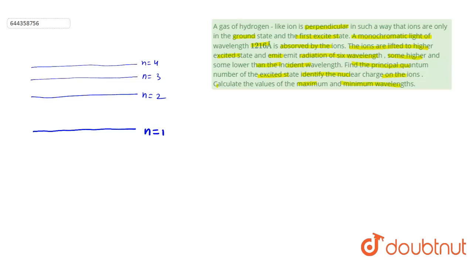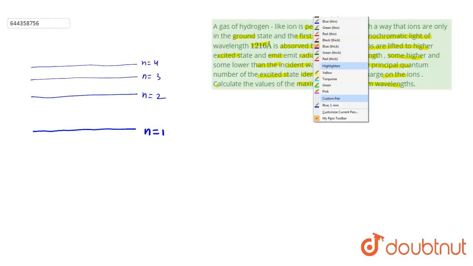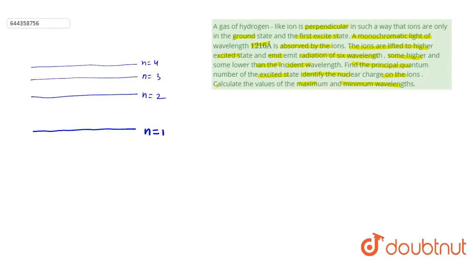This is the ground state, and this is the first excited state, this is the second excited state, and this is the third excited state.